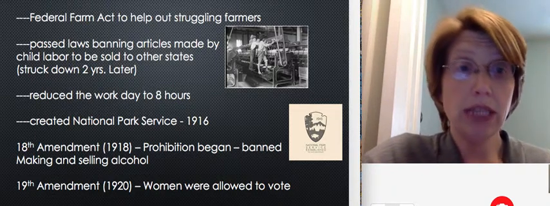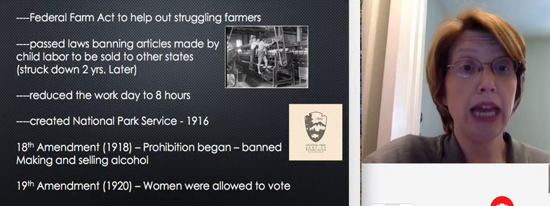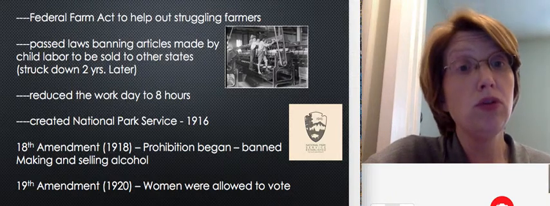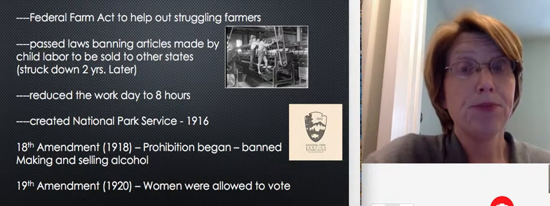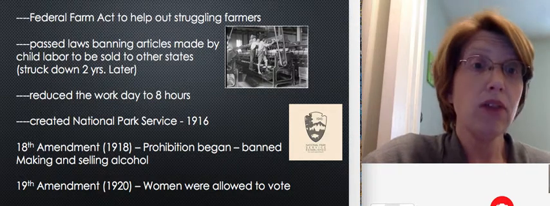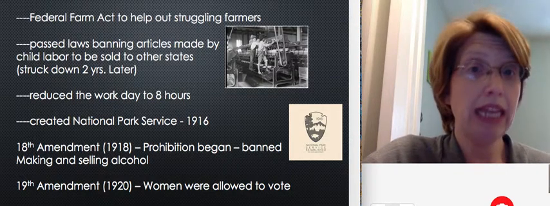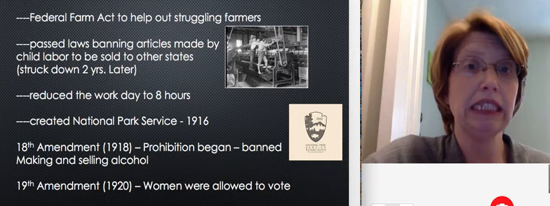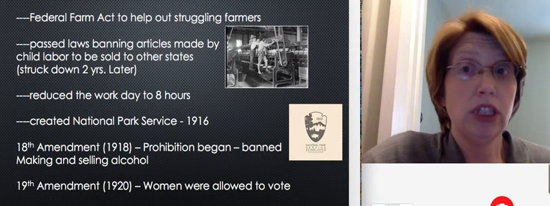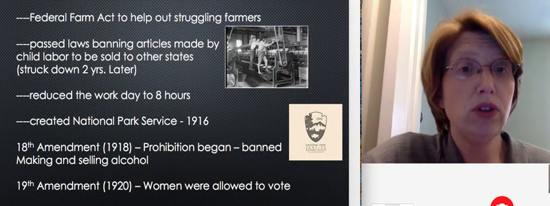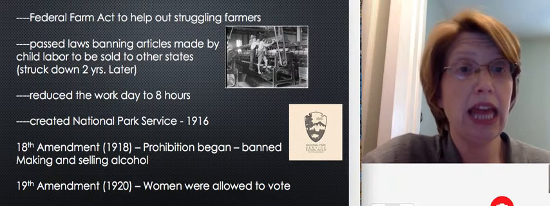They did the jobs that their husbands were doing. And so what did they do? They proved themselves to be valuable. And then after World War I, they basically couldn't say no. They had proved to the world that they had the right to vote just as much as anybody else.